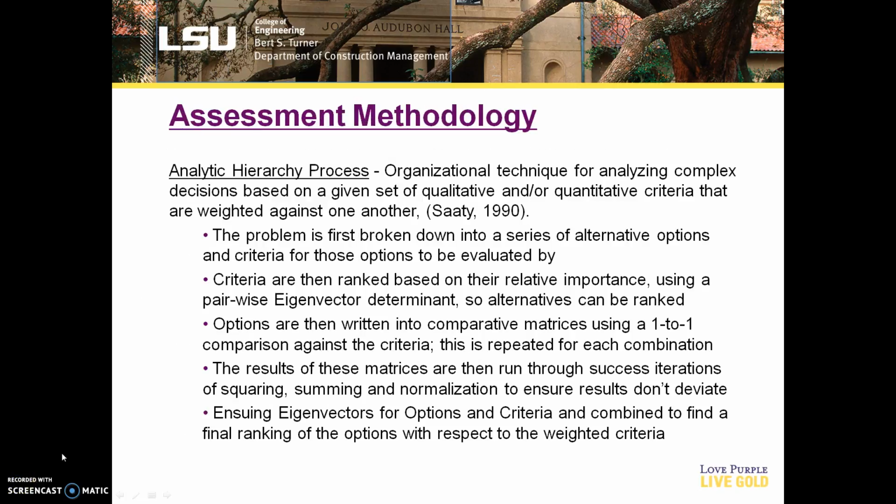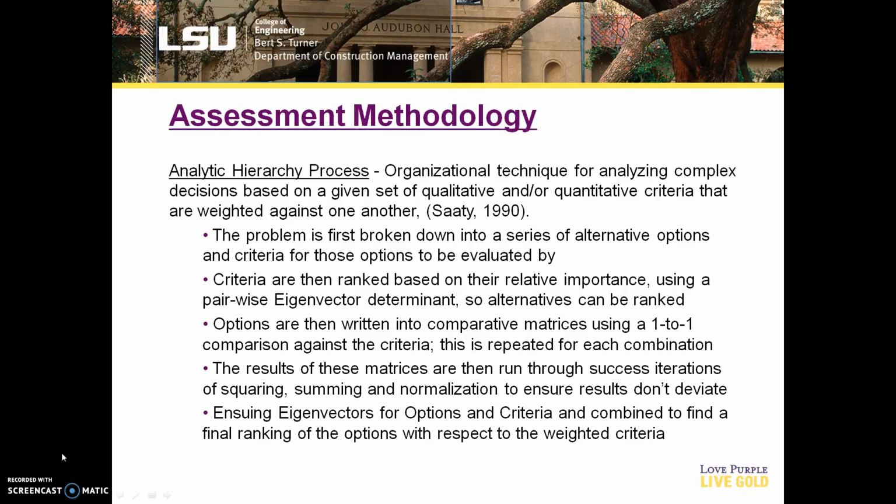As a brief introduction to the AHP, or the Analytic Hierarchy Process, it's a technique that was derived in the 70s, but was published here by Mr. Saaty in 1990, and it's comprised of qualitative and quantitative criteria that are ranked based on whatever evaluative process you want to use to determine a relative importance of one versus the other.